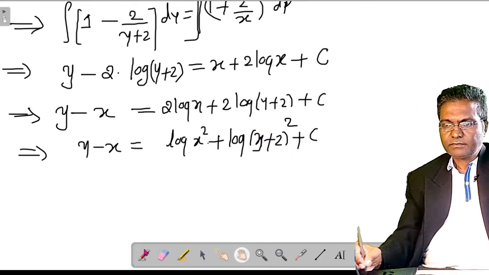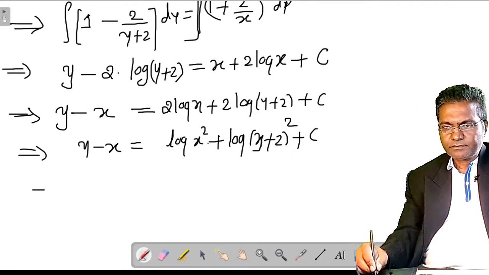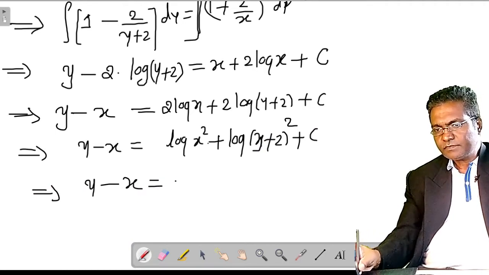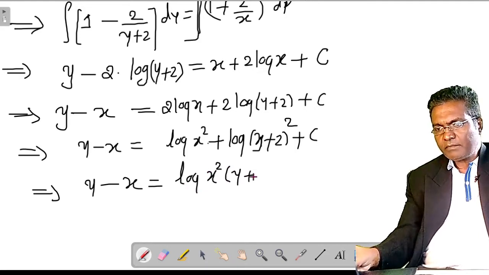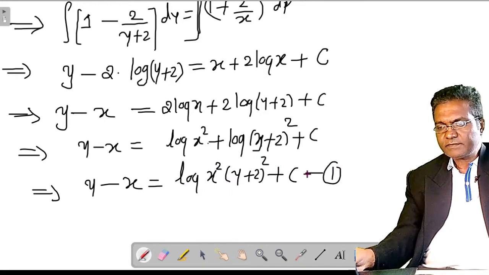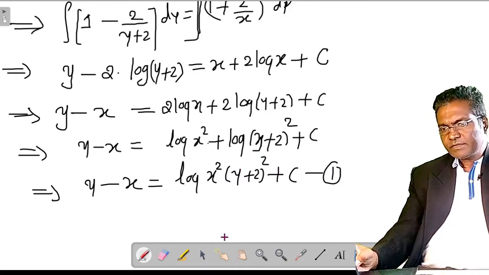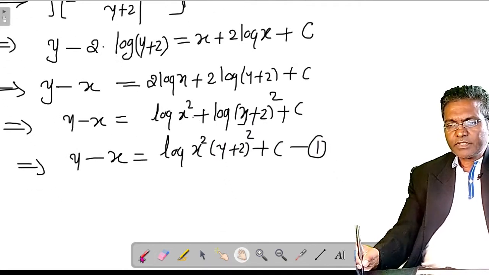So I can write it as log of x square into y plus 2 whole square plus c. Okay. Now you need to put the given condition.